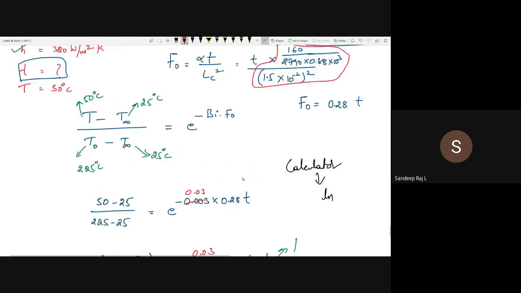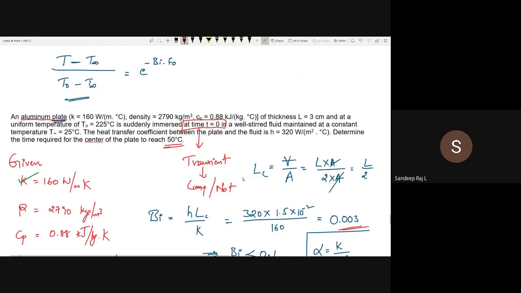The point here that I would like to emphasize is, in this particular question, he said at the center of the plate. At the center of the plate means, when we say it is lumped, everywhere the temperature is the same. The center will reach, the sides will reach, everywhere the temperature is the same.